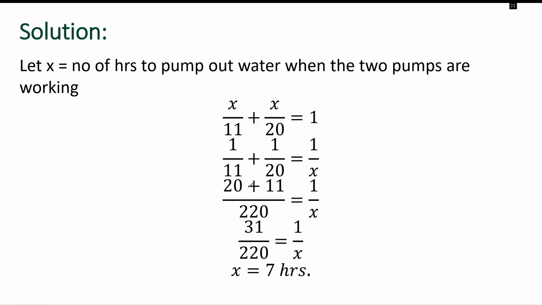So 20 plus 11 over 220 is equal to 1 over x. So cross multiply: 31x is equal to 220. So move x here, then 220 divided by 31, so we get 7 hours.